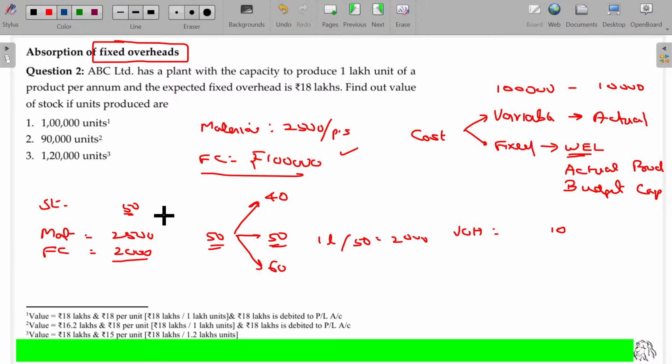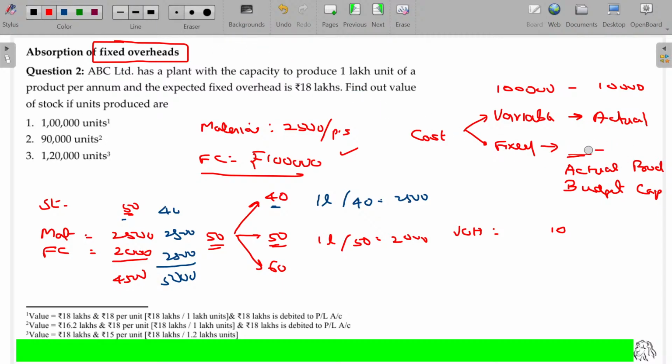If the number of students admitted is 40, what happens? 1 lakh divided by 40 is 2,500. Material 2,500, fixed cost 2,500, 5,000 will be the cost. Here 4,500, here 5,000. I just make a slight correction here.